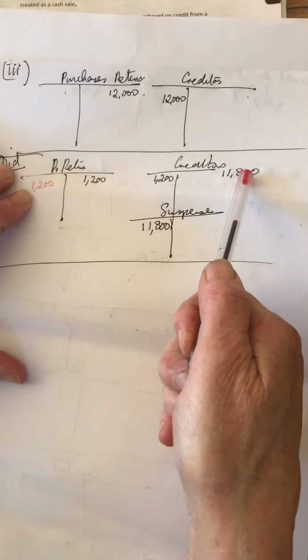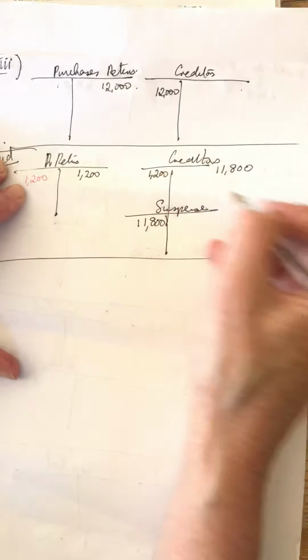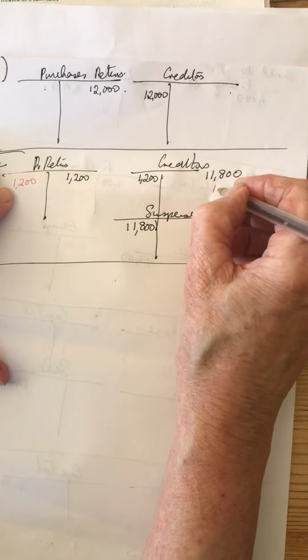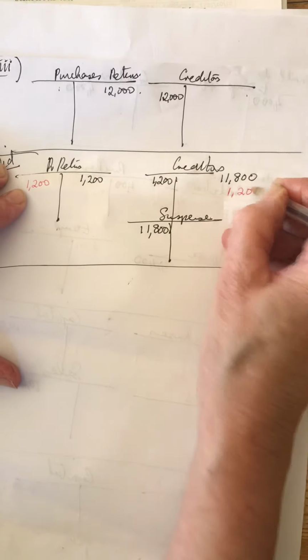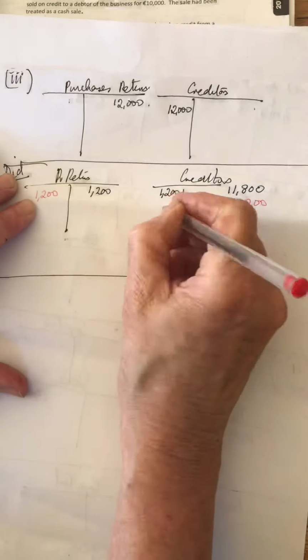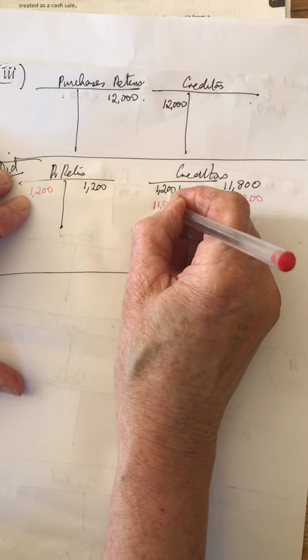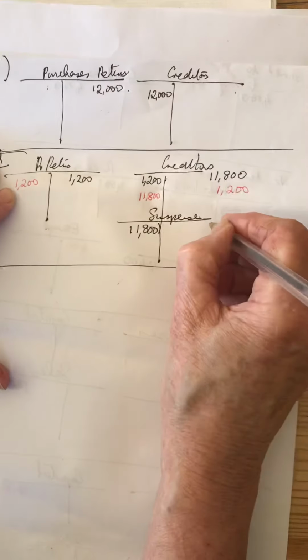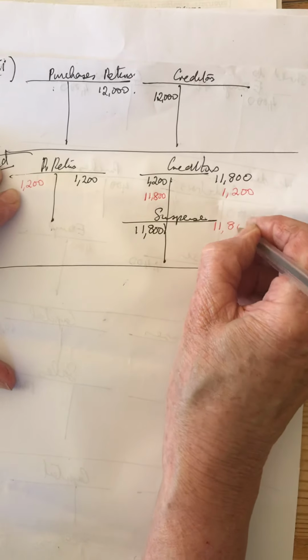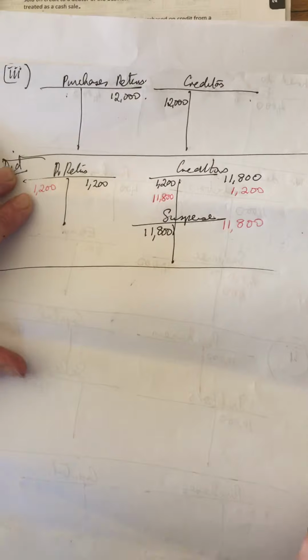Take out the 1,200, that one. So we've those two gone. The 11,800, debit there with 11,800 and credit suspense 11,800. I have wiped everything clean.